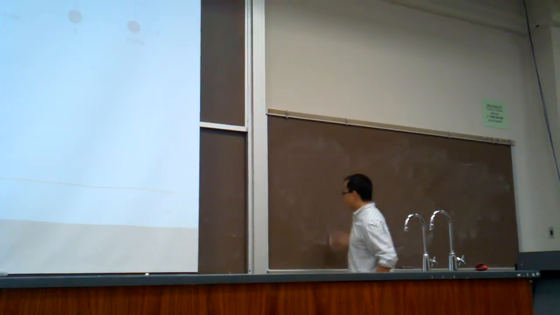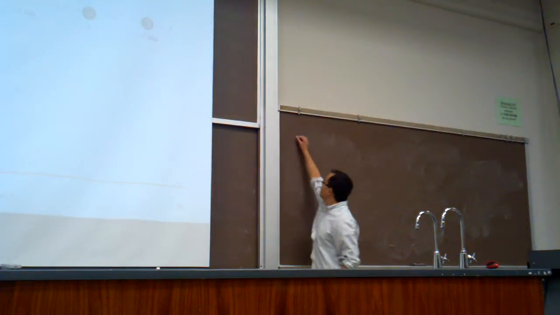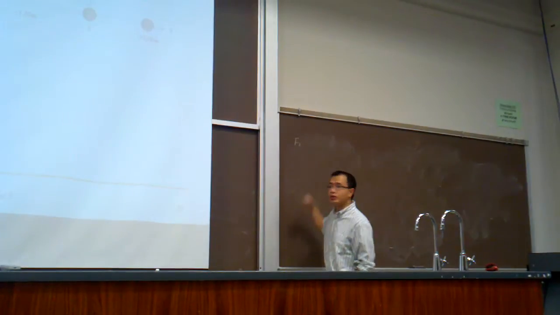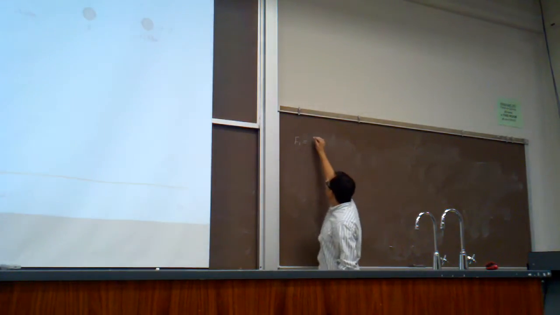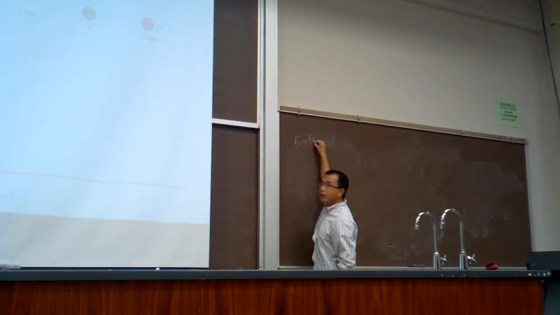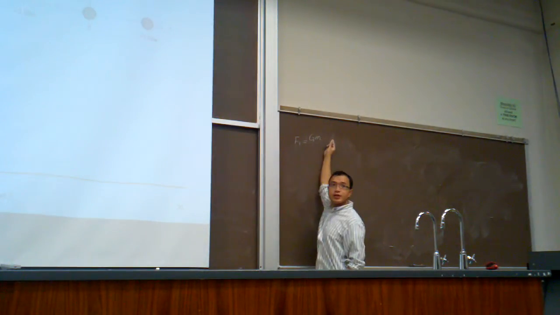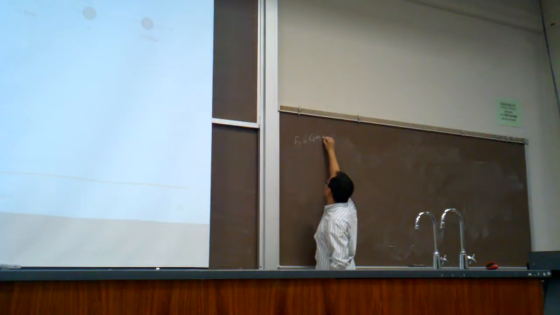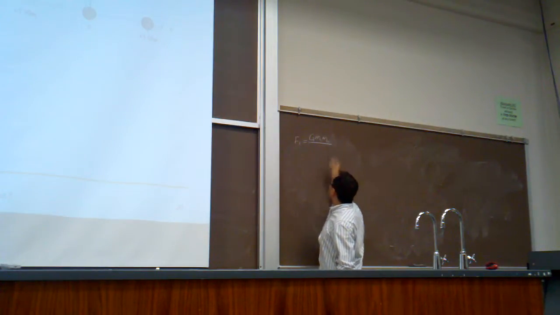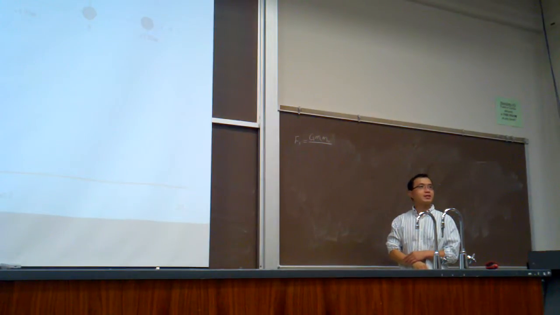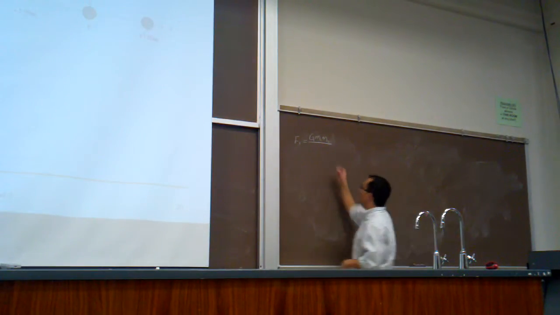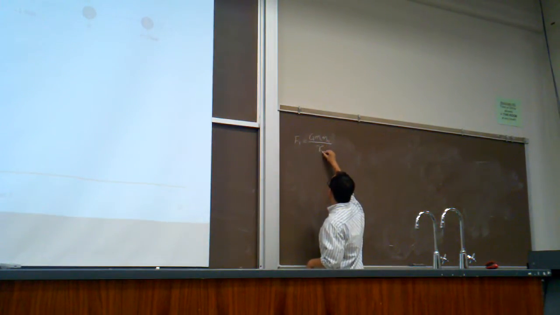Now, let's first calculate F1 and F3 individually. F1 should be capital G, M1, which is M, 100 kilograms, M2, divided by, it's better you write down the subscript here, in case I give you different masses for these objects, R1,2 squared.